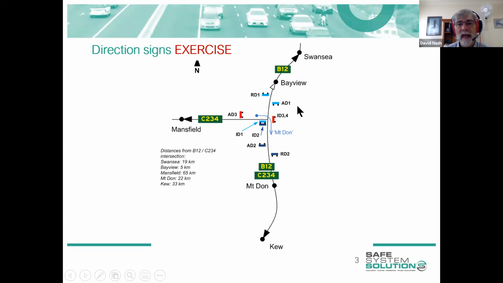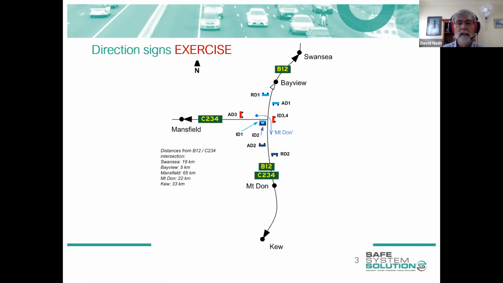But sometimes we add in a secondary one, and Bayview in the northbound direction here is a secondary standard destination, which means you should sign both of them at this intersection. So some of you just put in Bayview and some of you might have just put in Swansea, but you should put in both of them.